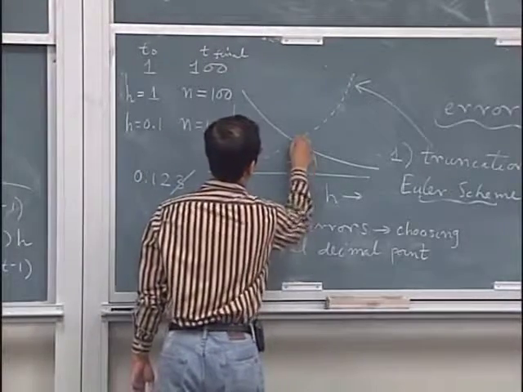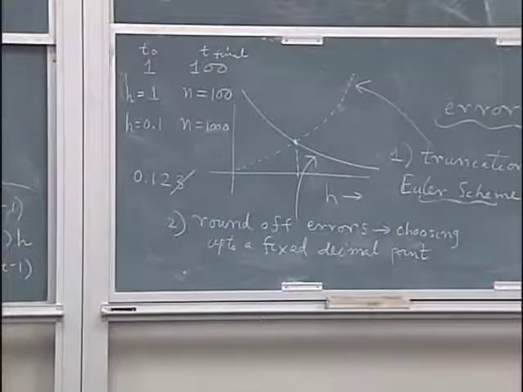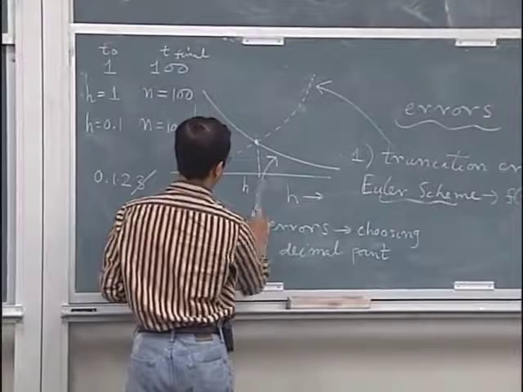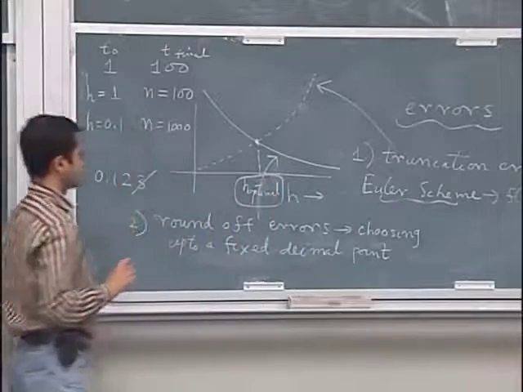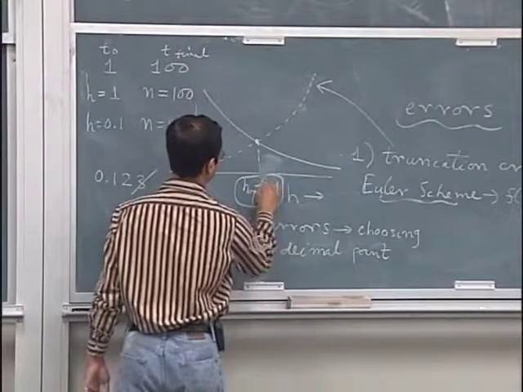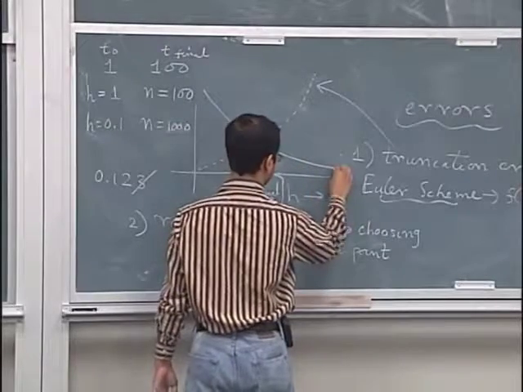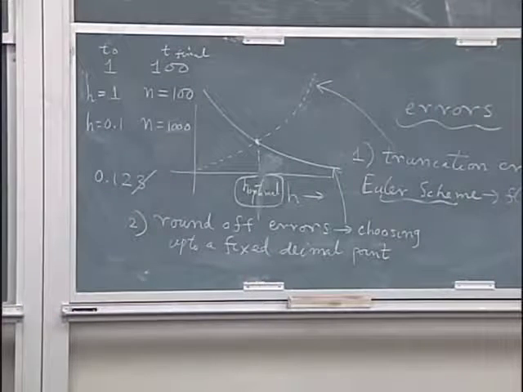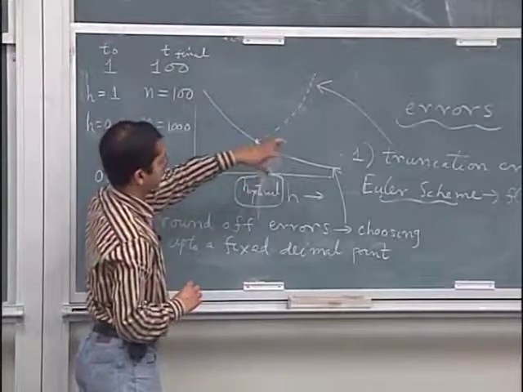And this is like an optimal point, so this step size h, you can say h optimal, where you kind of optimized the truncation error and round off error.